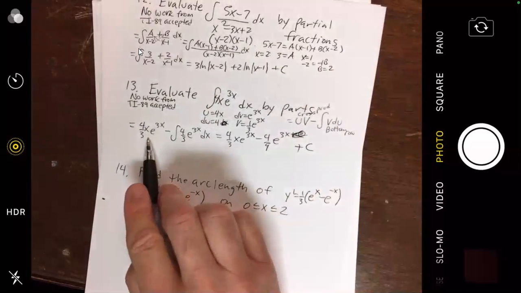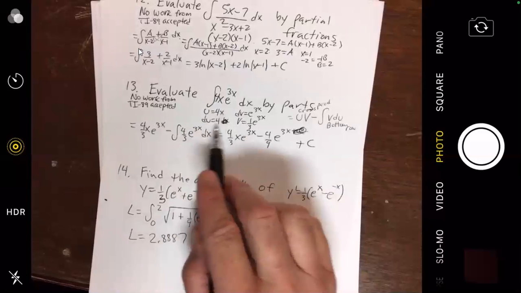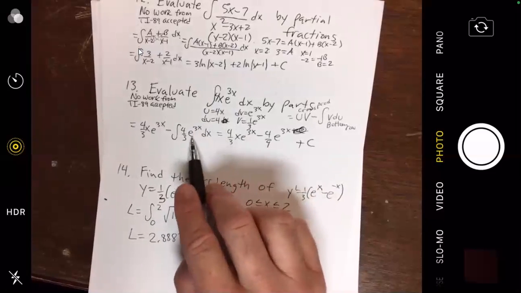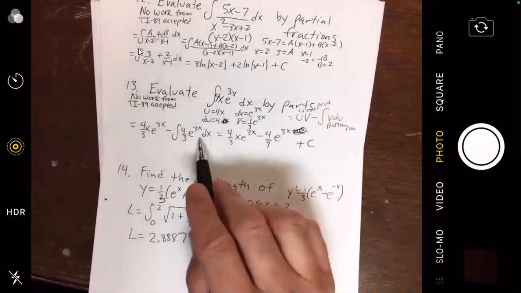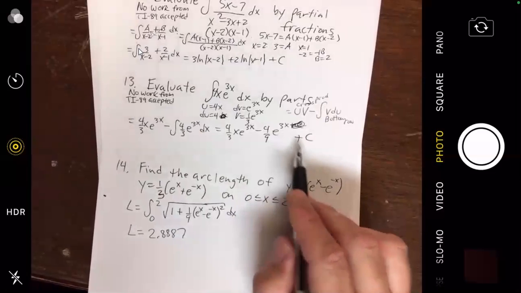So 4x over 3 there, e to the 3x, there's your cross product. Minus bottom row is 4/3 e to the 3x. And you'll get another divide by 3 out of that antiderivative, 4/9 e to the 3x plus c.